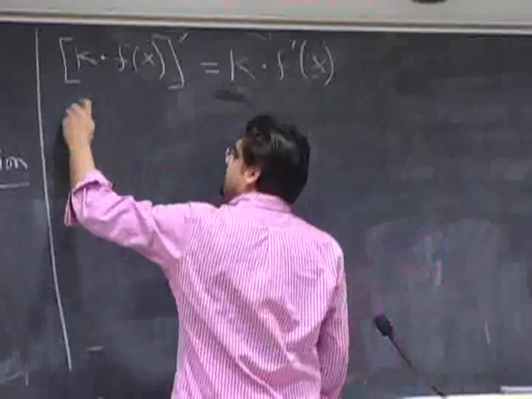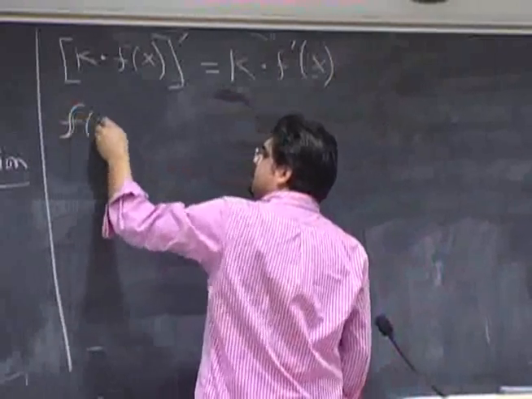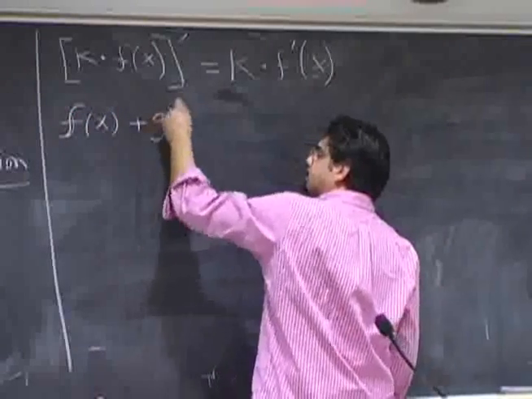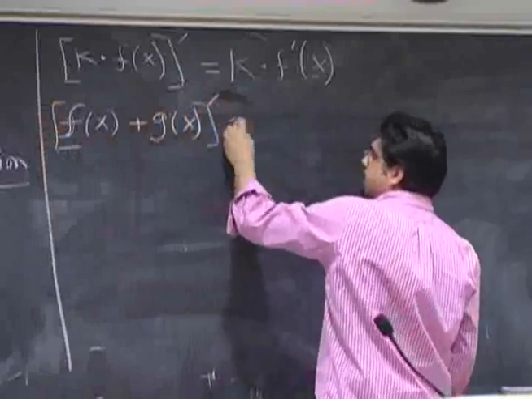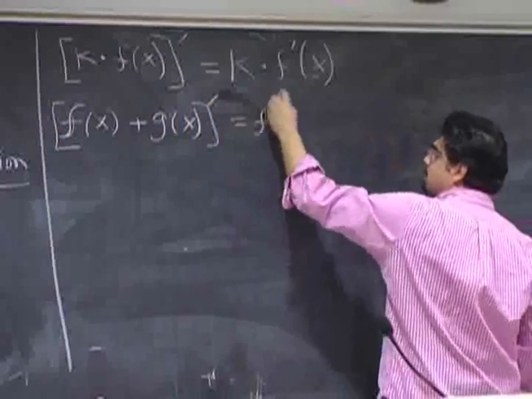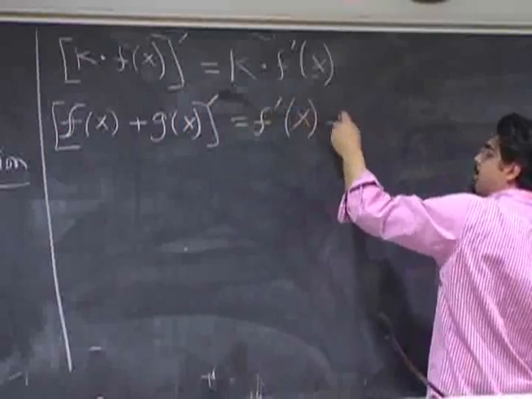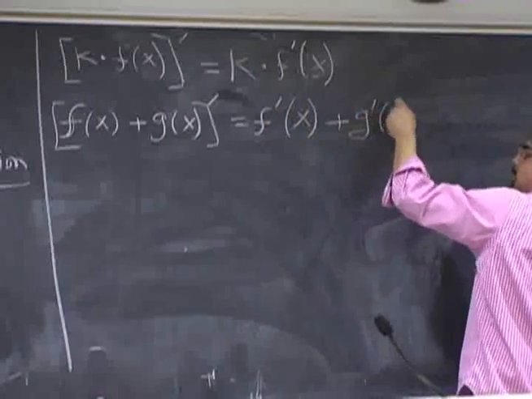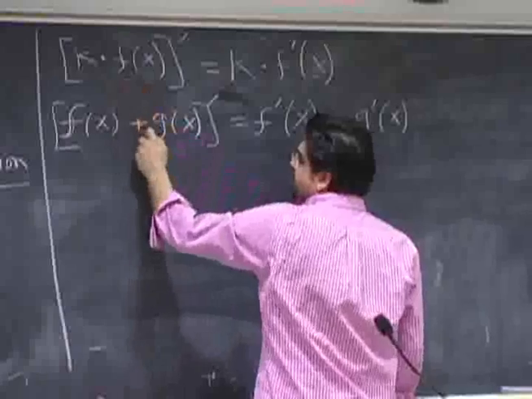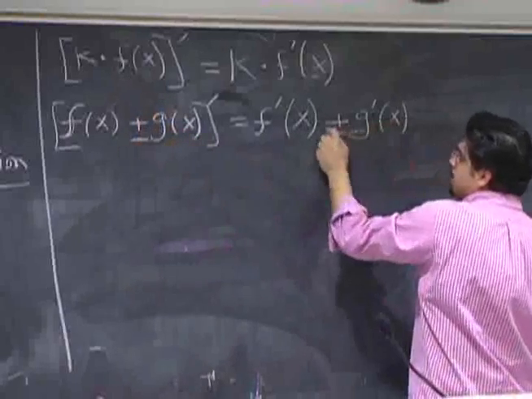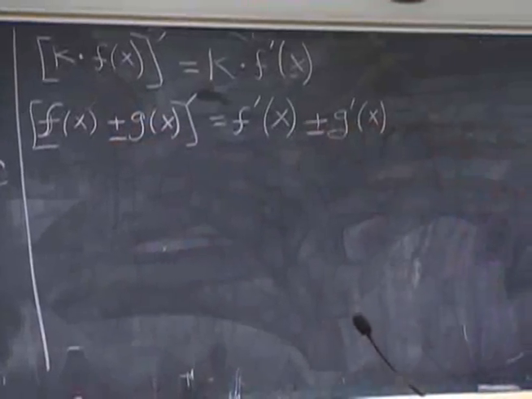And then if we know that f and g are both differentiable, then the sum is differentiable, and the derivative of the sum is the sum of the derivatives. And we also said that because of this, the same rule holds for the derivative of a difference of two functions.